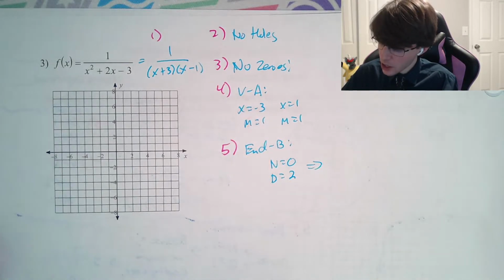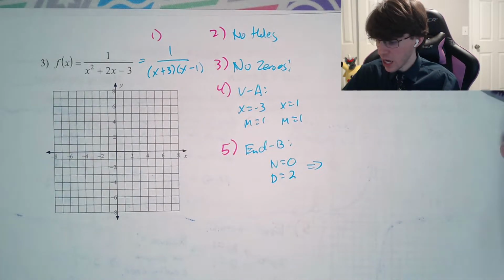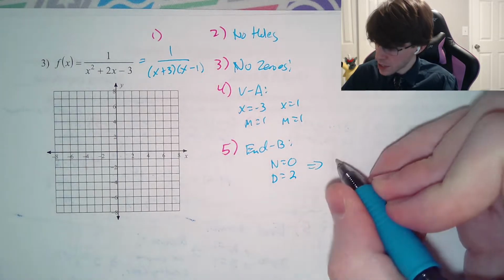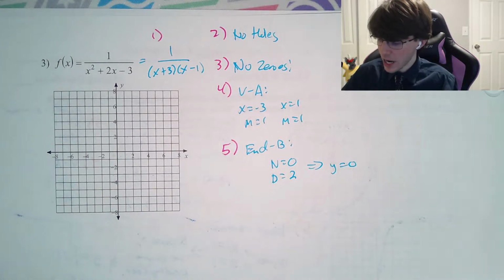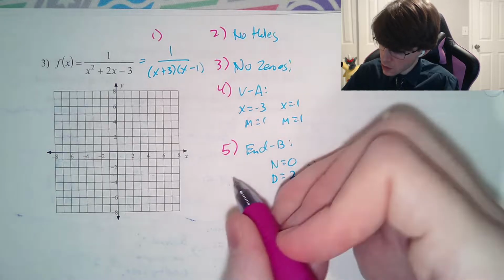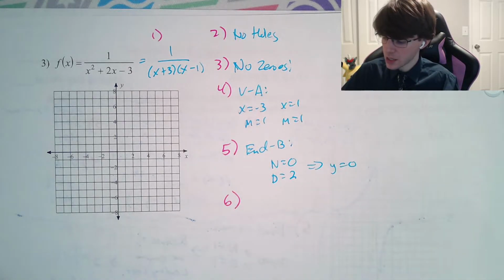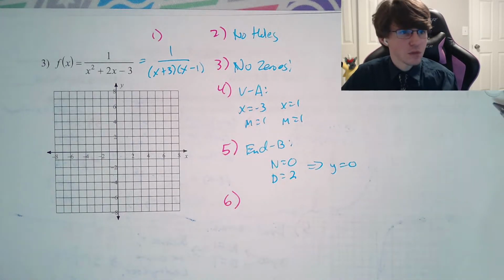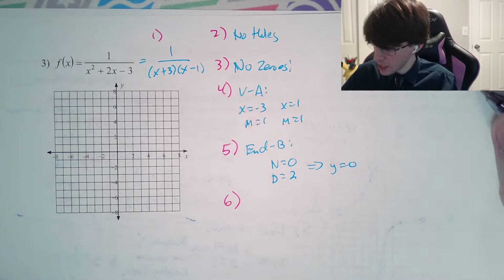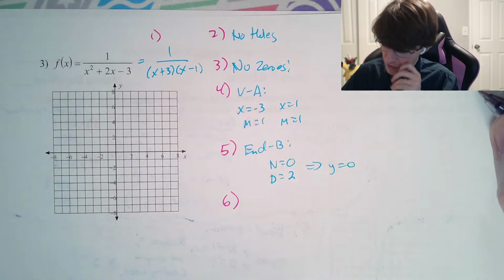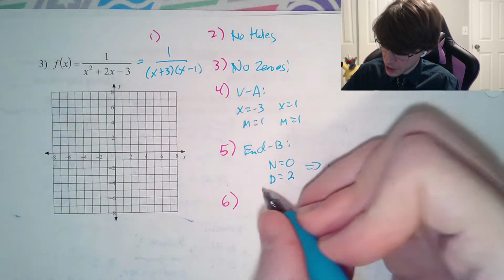Because the numerator is smaller than the denominator, we have an automatic rule. The automatic rule is that y is equal to 0 is our horizontal asymptote, our right-hand end behavior. Step number 6 is figuring out a starting point. For this one, I again recommend plugging in 0. Plugging in 0 might not be perfect for this because you didn't get a fraction, but it's still going to work out for us.